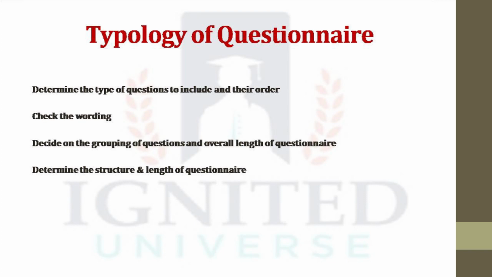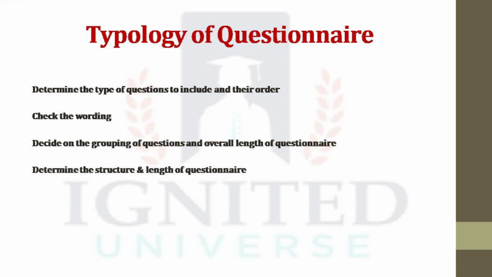Whereas structured questions are well-defined questions and they specify the set of response alternatives and the response format. There are basically 3 types of structured questions in a questionnaire: multiple choice question, dichotomous question, or a scale-based question. In a multiple choice question, the researcher provides a choice of answers and participants are asked to select one or more of the alternatives given.